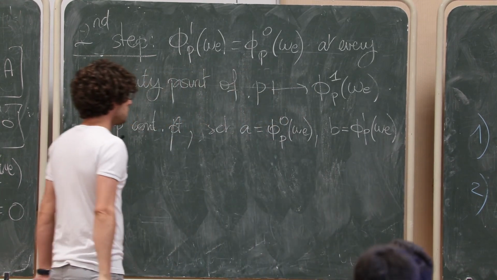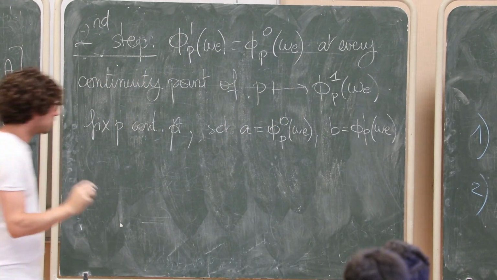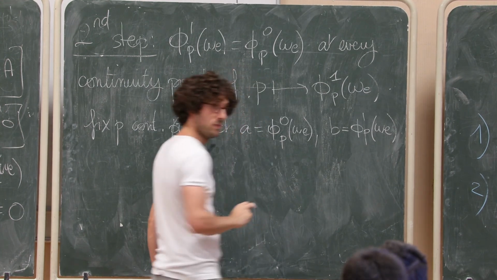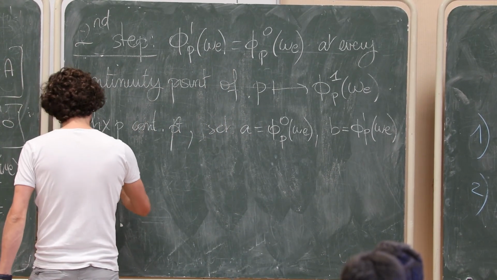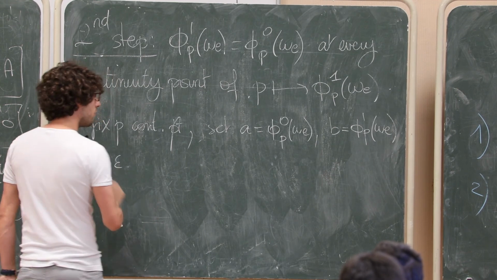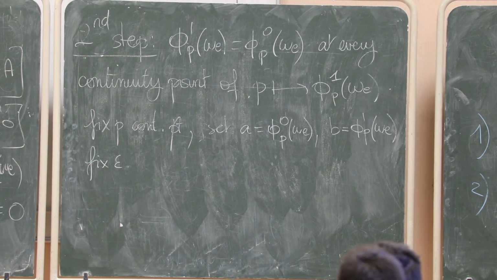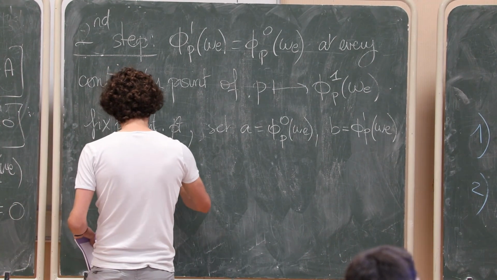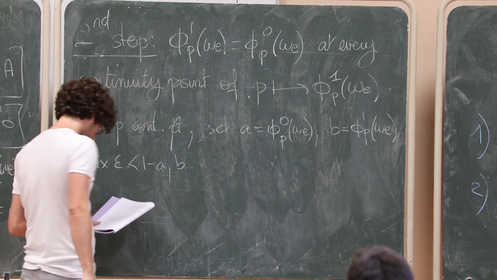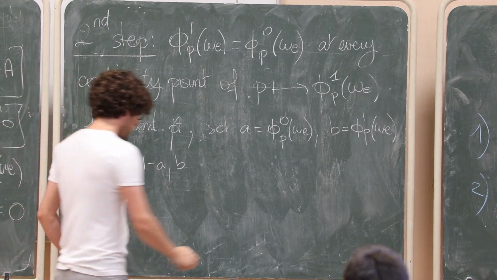Okay? So notice that A is smaller or equal to B. Now fix also epsilon. Think of epsilon as very small, in particular smaller than 1 minus A and smaller than B, say.